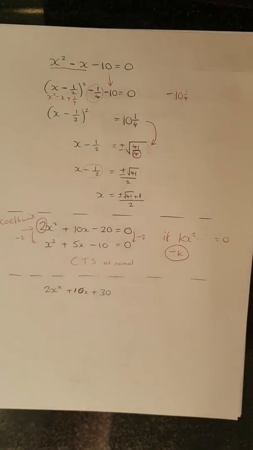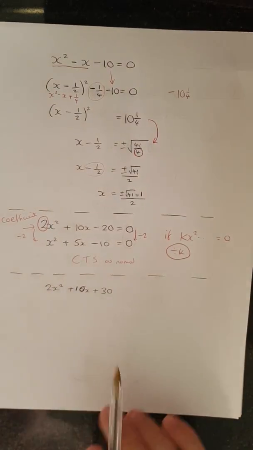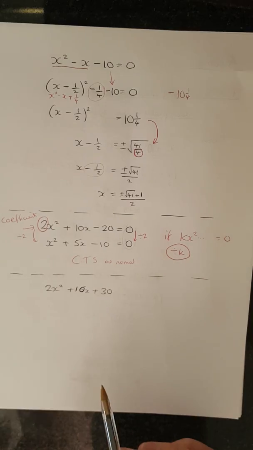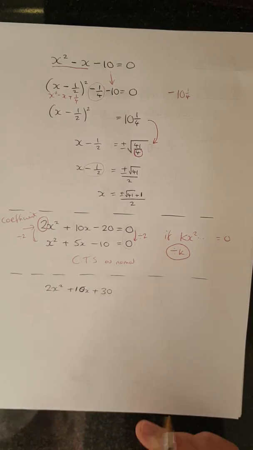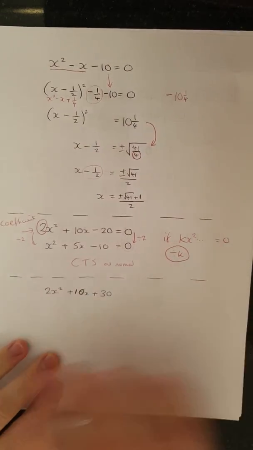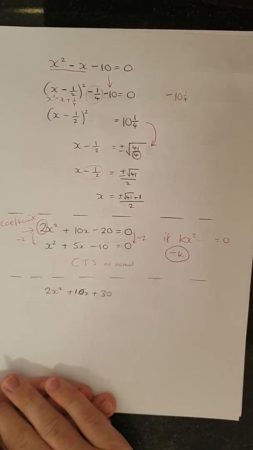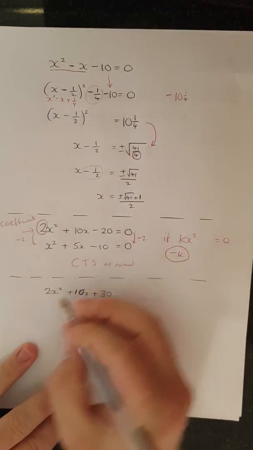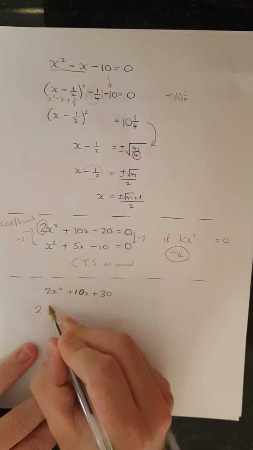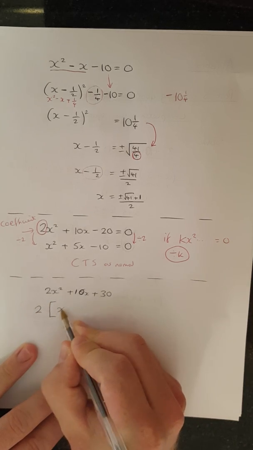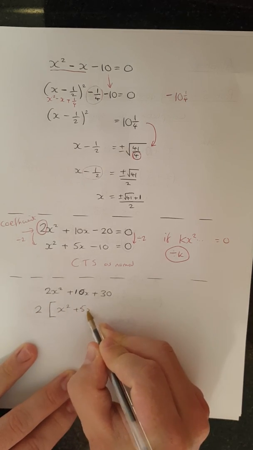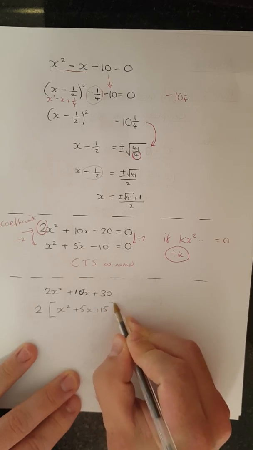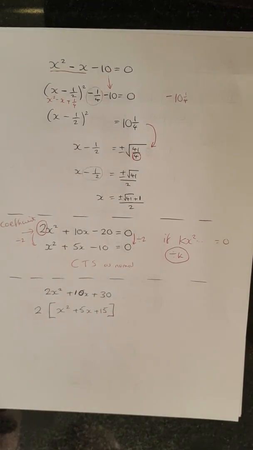So now we're going to complete the square when it says 2x squared, but it's not equal to anything. So we can't just divide everything by 2 and make it go away. What I have to do then is take the 2 outside, like so.